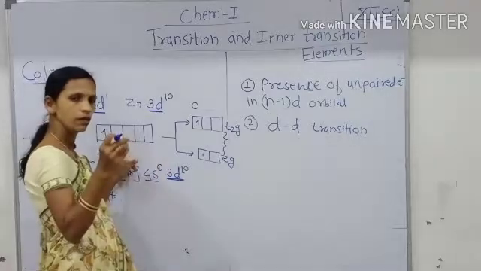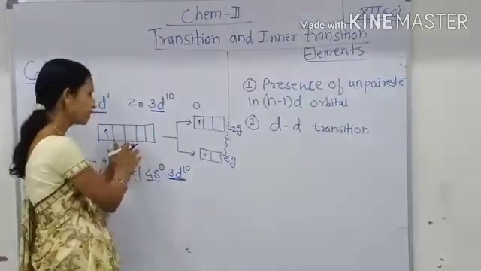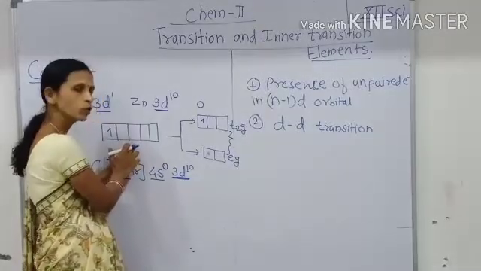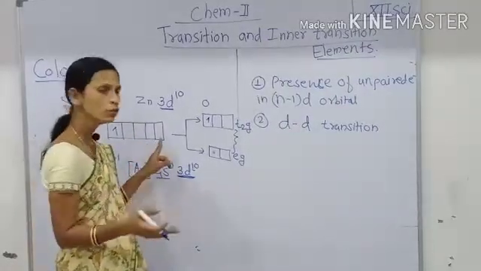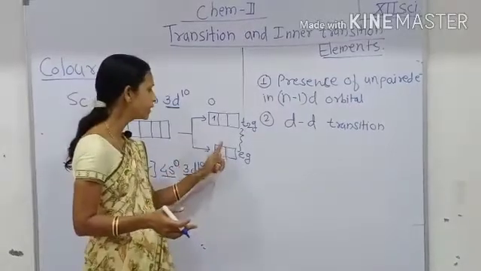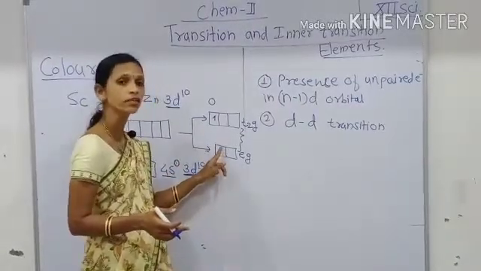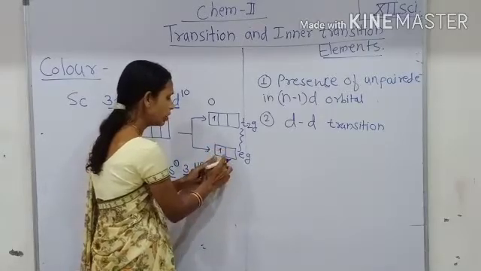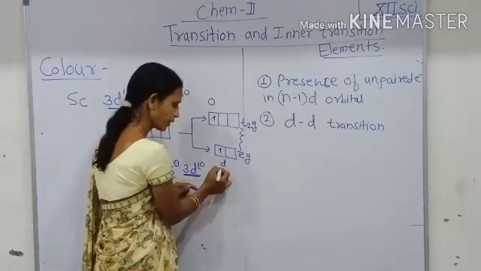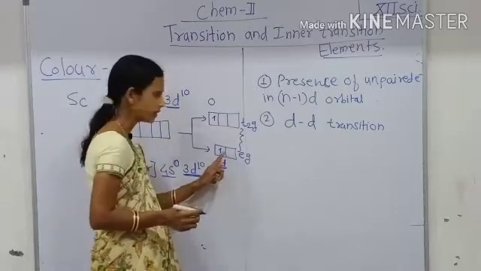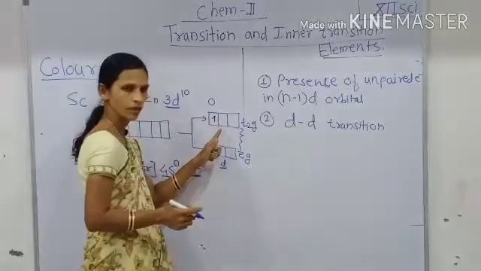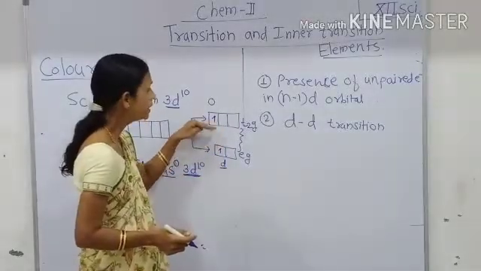When a beam of light falls on the d orbitals of transition elements, the degeneracy of these d orbitals is lifted and they split into two sets of energy levels. An electron from the lower energy d orbitals jumps to the higher energy d orbitals, and that is the d-d transition.